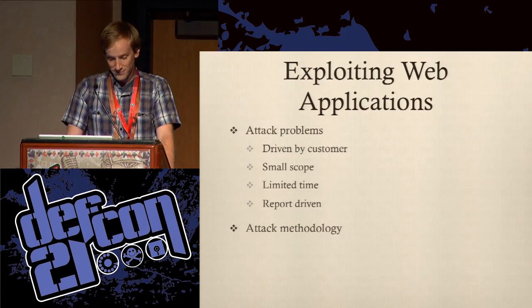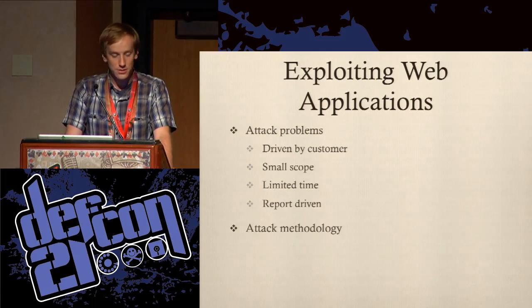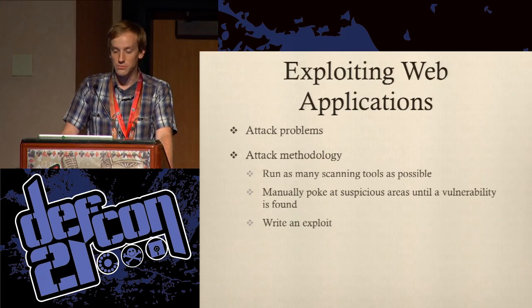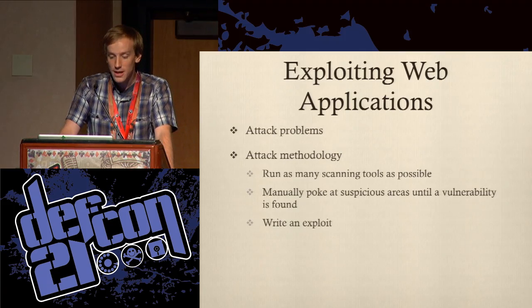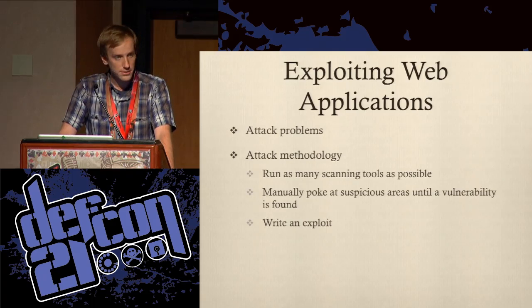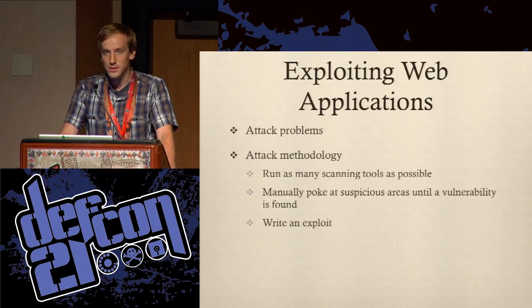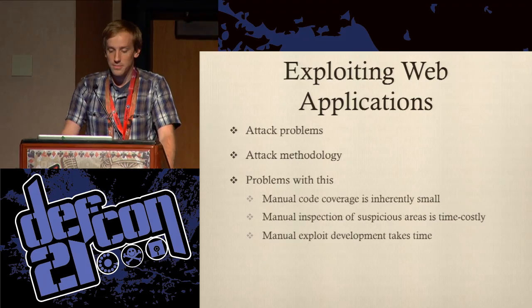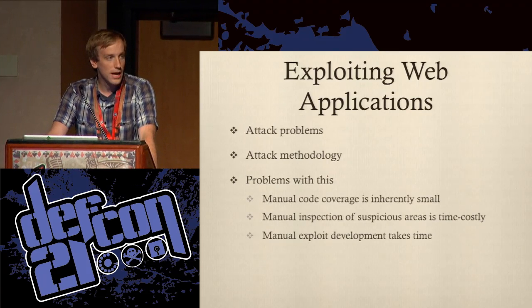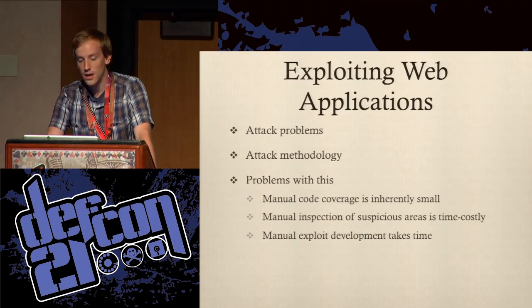And there's a number of ways that I approach trying to solve these problems. My methodology was usually run as many scanning tools as possible against a web application, and then manually poke at the areas that come up as suspicious. And from there, if it does turn out to be exploitable, I write an exploit for it. But there's a couple problems inherent with that approach, because the code coverage is inherently small because I'm trying to limit the amount of code that I view on a day-to-day basis.